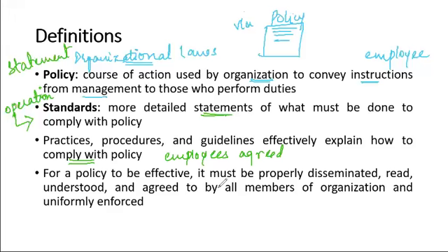The next point is, for a policy to be effective, it must be properly disseminated. Now, what does dissemination mean? Dissemination means that all the policies need to be readily available, and you are taking reviews from the employees also. It also includes that all the employees need to have the proper information of a policy. You need to have them as a hard copy, and they need to be emailed to everyone. So that is disseminated.